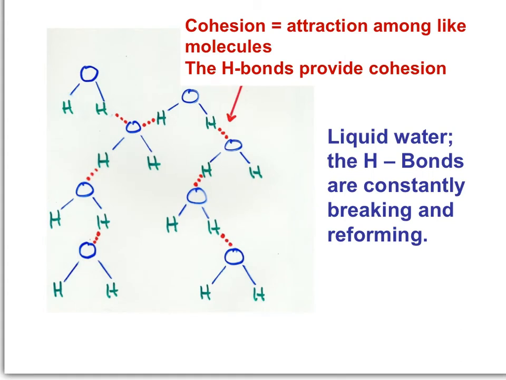In this diagram, there are 8 water molecules, and you can see the hydrogen bonds in red that provide the cohesion among them. Cohesion is attraction among like molecules. Hydrogen bonds result in properties of water that emerge to make water a very suitable molecule for living things.